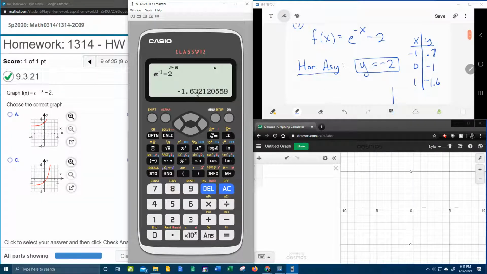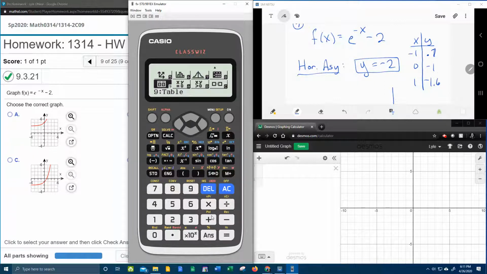Now for the cool stuff. If you have this particular calculator, this is one of my favorites. This is, just so you know, the Casio FX. In the stores, it's the 991EX Class Whiz. This has a cool feature. If you go to the menu and scroll down, there is a table option.